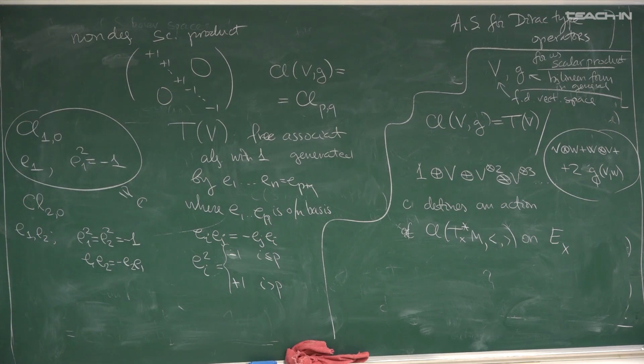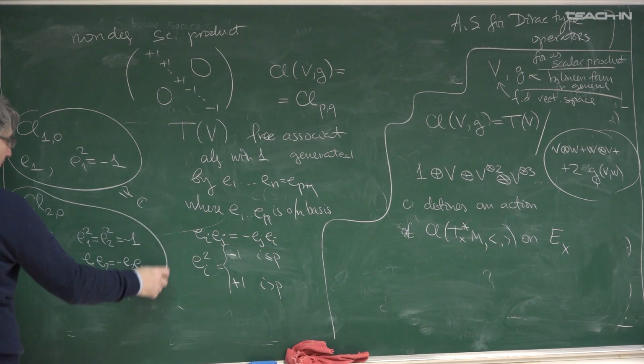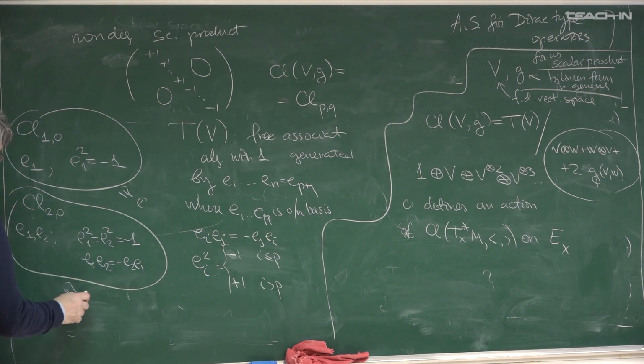If you interchange the order, the product changes sign. Guess, who is it? Quaternions. Yes, but in quaternions we have i, j, and k. Where is k? Yes, e1 e2, so yes, it's quaternions. Thank you very much.